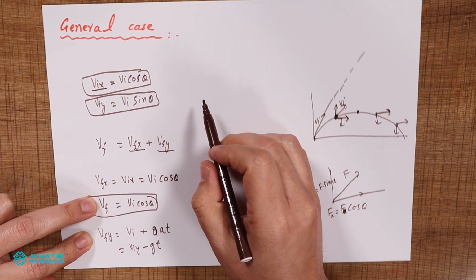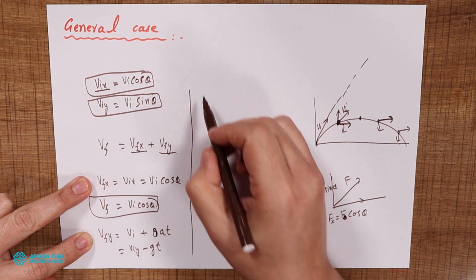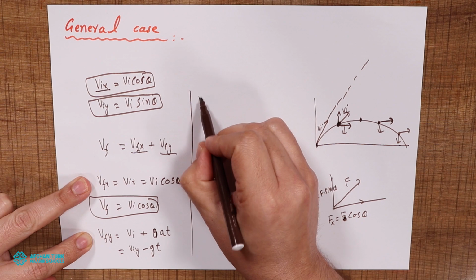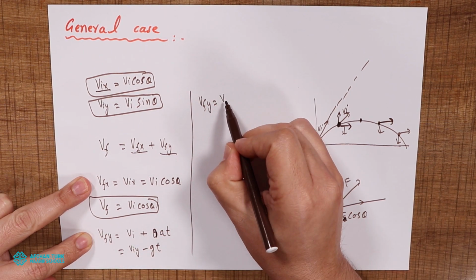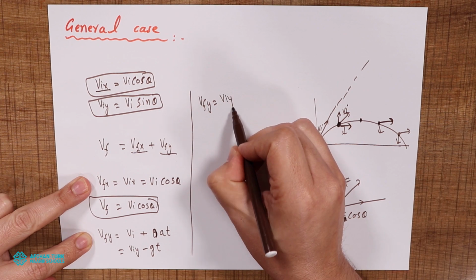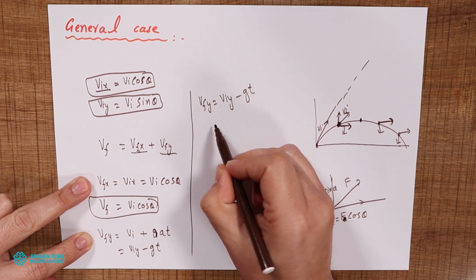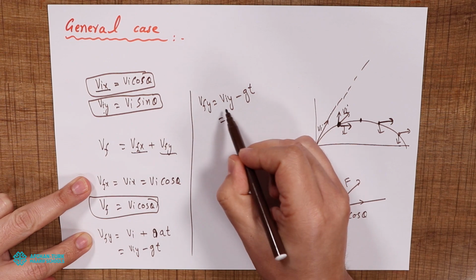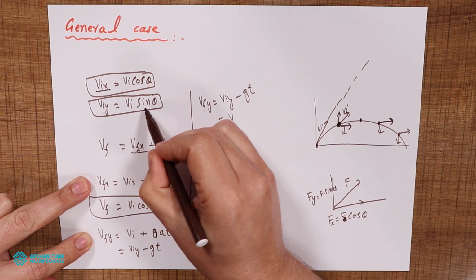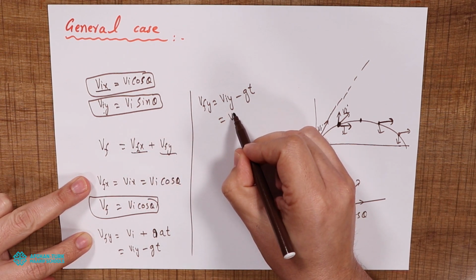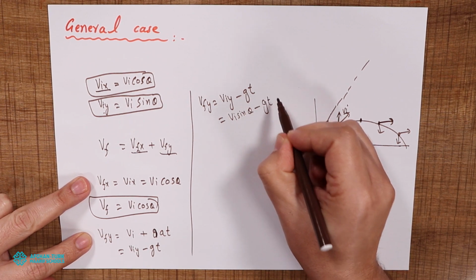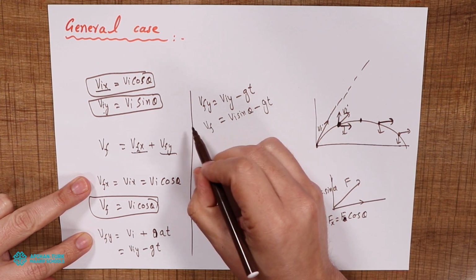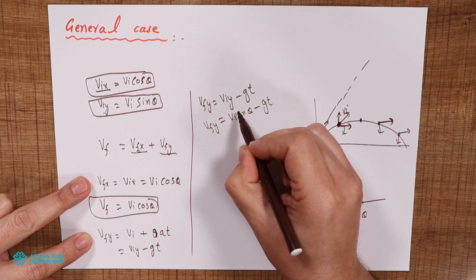So now again write here, the vfy component is equal to viy minus gt. Now we know that viy is equal to, if we use this side, vi sine theta minus gt. So this is equal to the final velocity component.